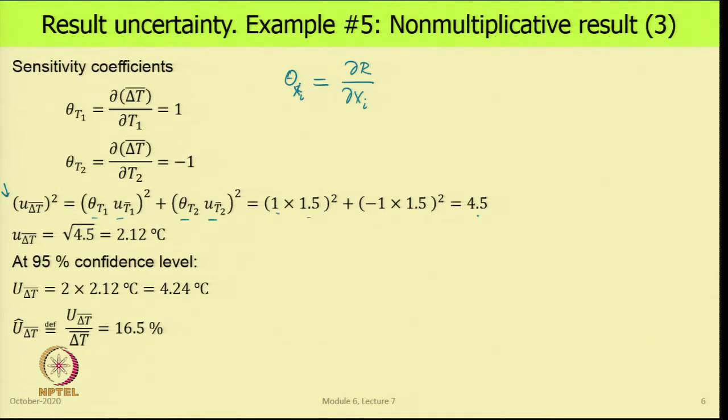We substitute those and we get the sum of squares as 4.5, and so u delta T bar is equal to 2.12 degrees Celsius, which at 95% confidence level we multiply by 2 to get the uncertainty as 4.24 degrees Celsius. And u hat delta T, which is the percentage uncertainty, is 4.24 divided by the mean value of the temperature difference. This turns out to be 16.5%.